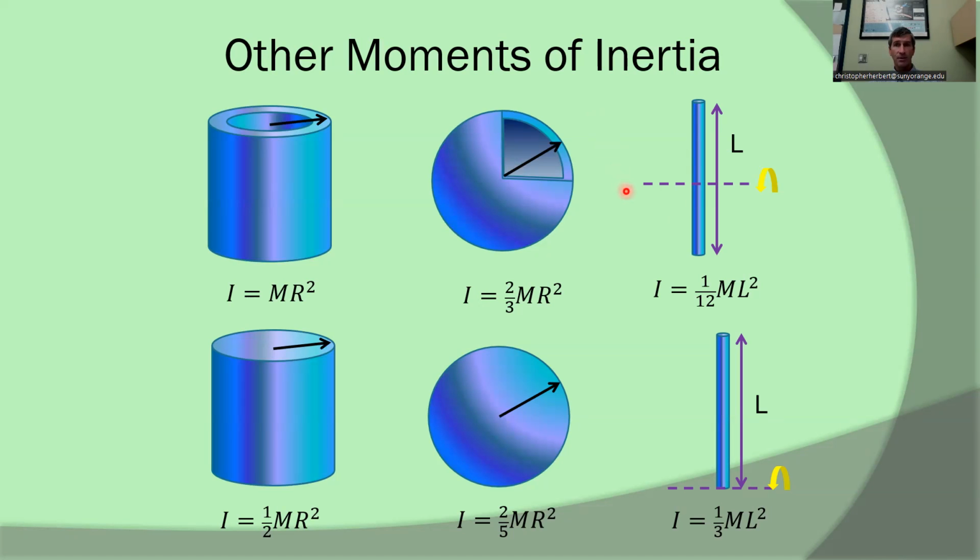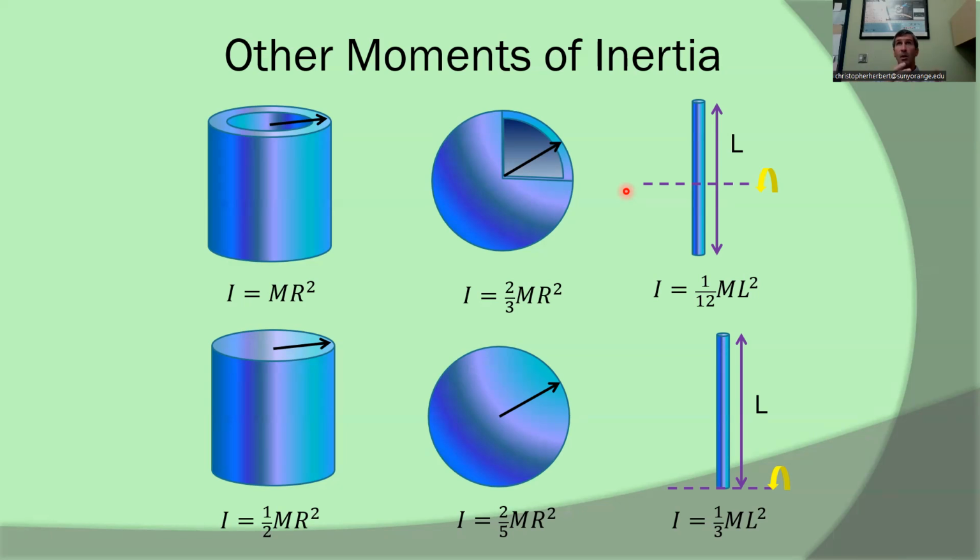Moment of inertia depends not only on the mass of the object, but also on the shape of the object. And we're going to use moment of inertia wherever we used mass before. In Newton's second law, F equals ma, it's going to become torque is equal to the moment of inertia times alpha. In momentum, we said momentum is equal to mass times velocity.